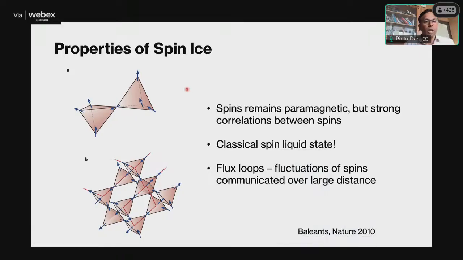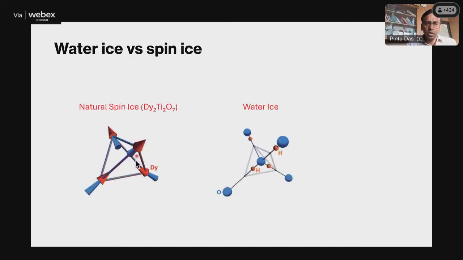All right. So this two in two out, we call it the ice rule, right? Let me explain it here. If you consider water ice, which is H2O, the typical structure, if you remember from your chemistry textbook, is like this. You have an oxygen ion here, and in a water ice lattice, two hydrogen ions are closer to this oxygen, and two are away from it.